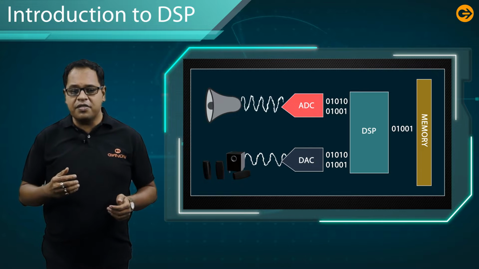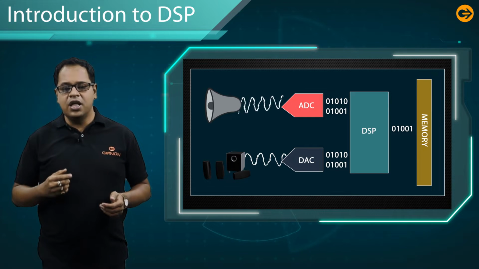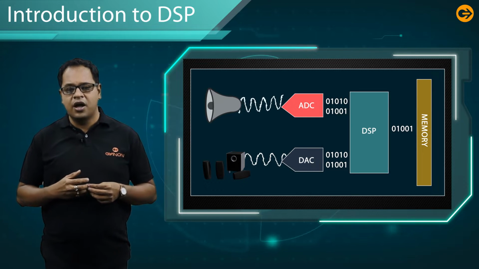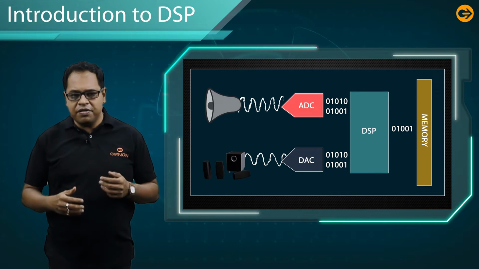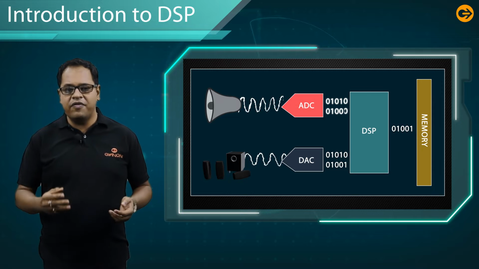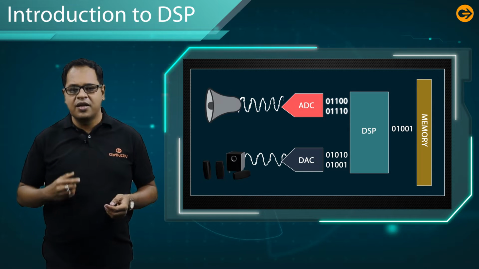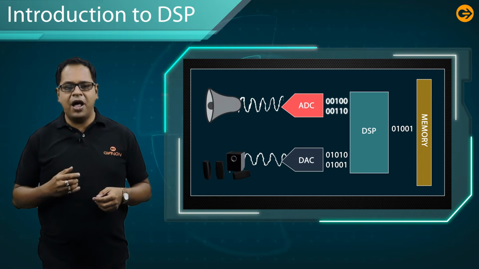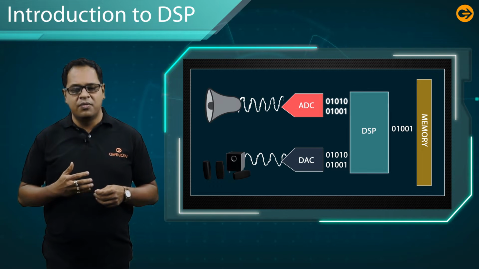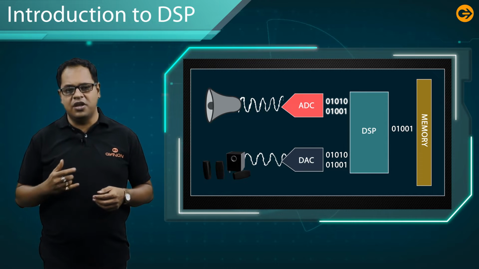During the recording phase, analog audio is input through the receiver or other source. This analog signal is then converted to a digital signal by an analog to digital converter and passed to a DSP kit or digital signal processing kit.